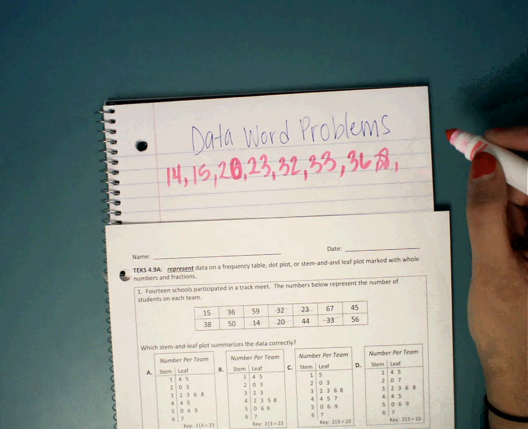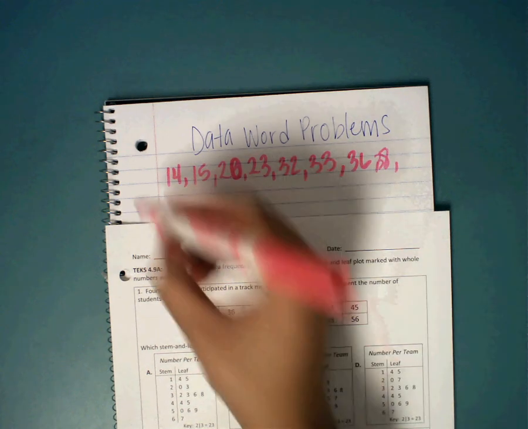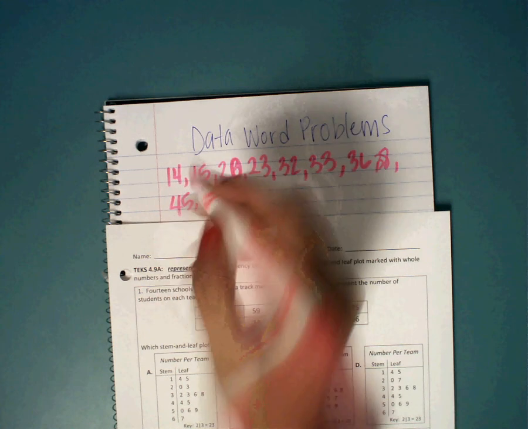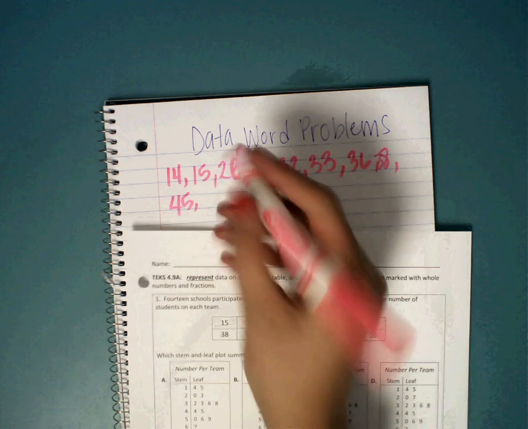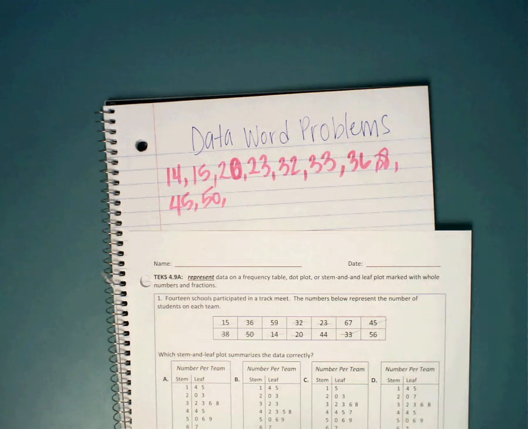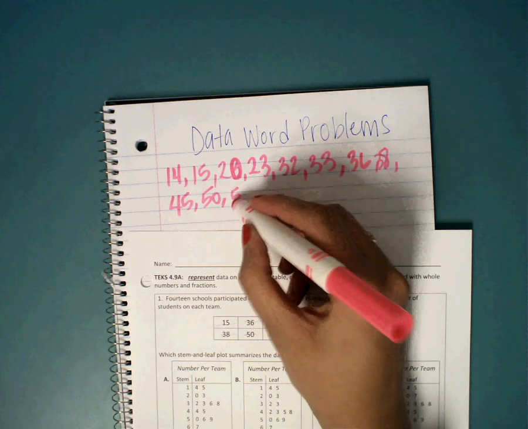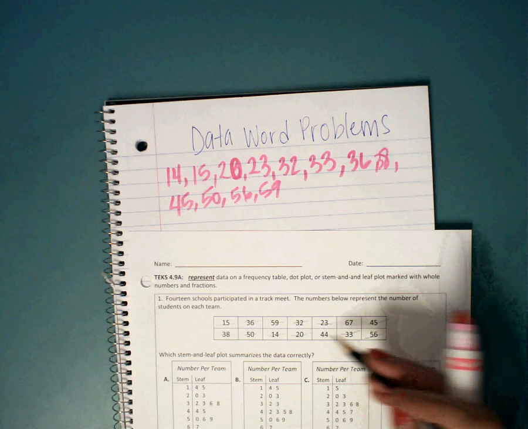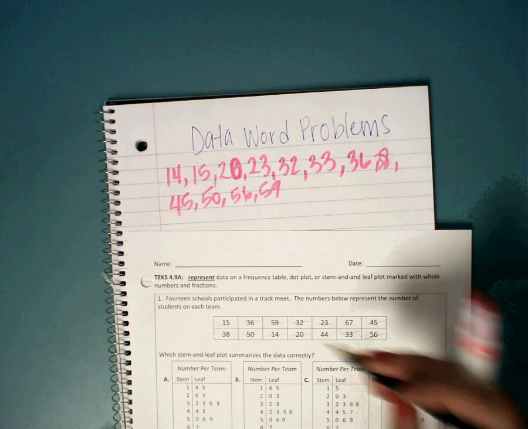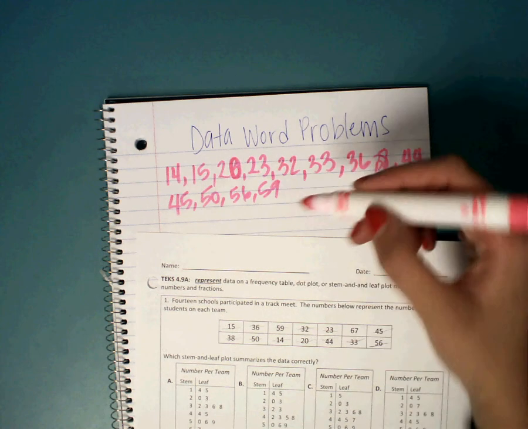Oops, forgot to cross that one off. 38 and then 45. Cross it off. And then 50. Then 56. Then 59. And 44. Oh, did we forget 44? We did. That's okay. 44 can go right here. 44, and then 45, 50, 56, 59, 67.